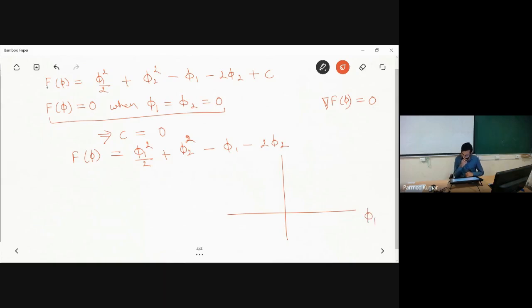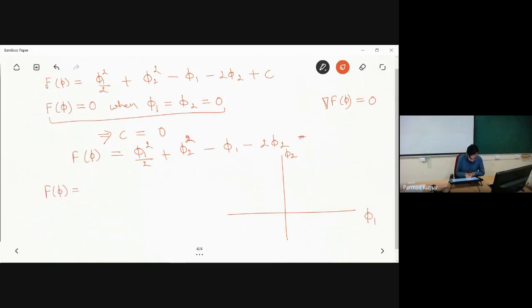Okay, now if I plot this equation on the phi 1 and phi 2 plane, with phi 1 along the abscissa and phi 2 along the ordinate, I want to plot this equation for specific values of the function, and the initial value of the function I consider as f of phi equal to 0.